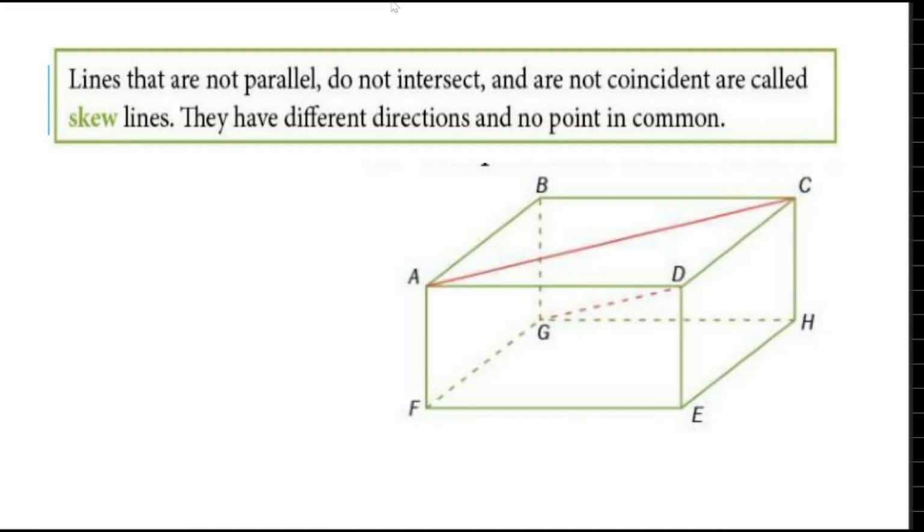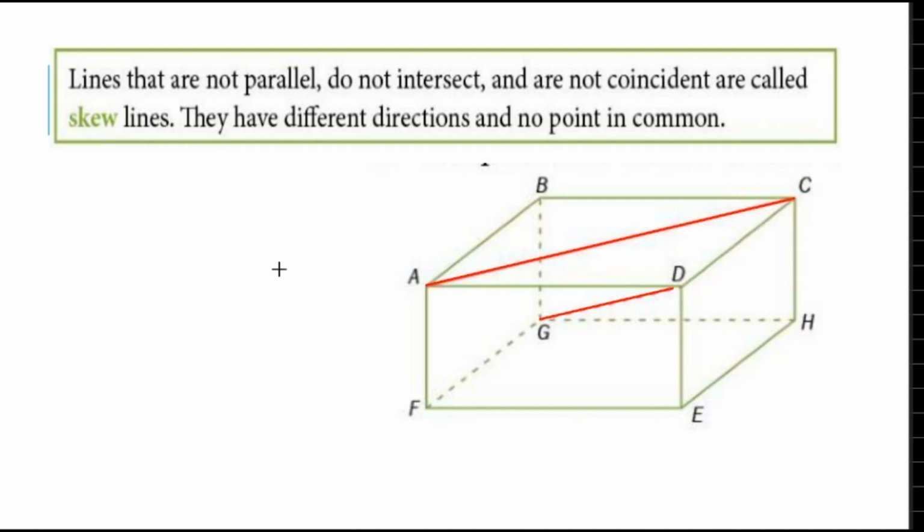Like we can see here, look at this diagonal here, and then look at the other diagonal here. Do you see that these two diagonals AC and DG, we cannot say they are parallel, but they do not actually intersect, because if we extend this one, they may actually be parallel based on some principle, but they do not actually intersect anyway.